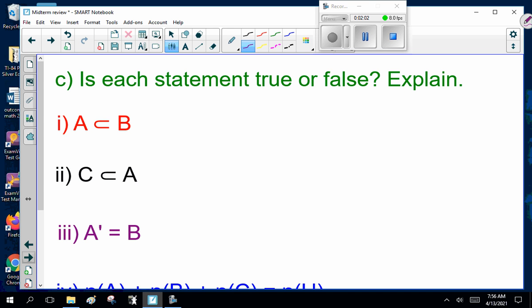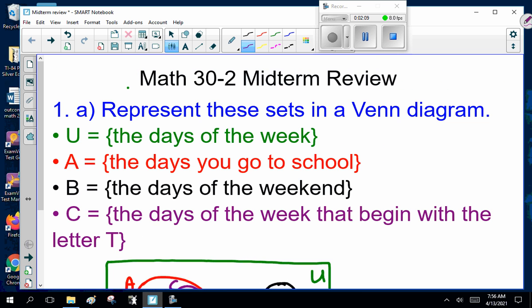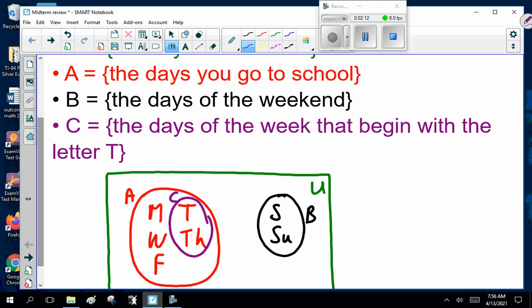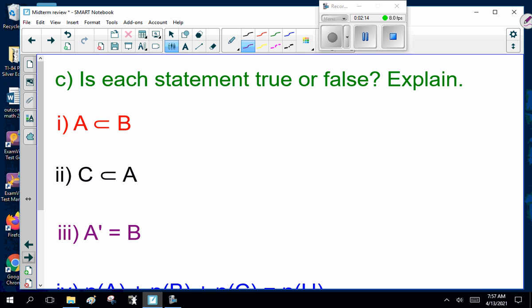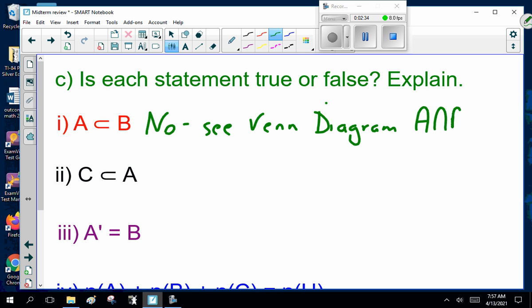Is each statement true or false? Explain. Well, the first one here is A a subset of B. Go back to our Venn diagram. Is A a subset of B? No. Now, I could say that, or I could also point out that A union B is an empty set.